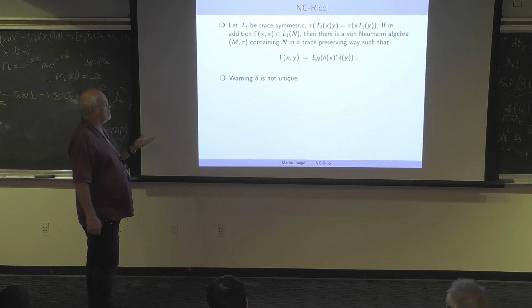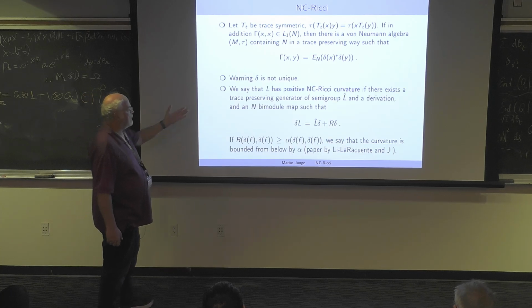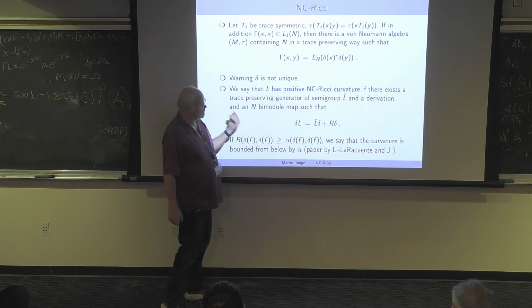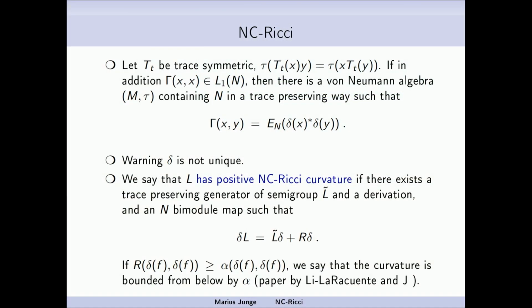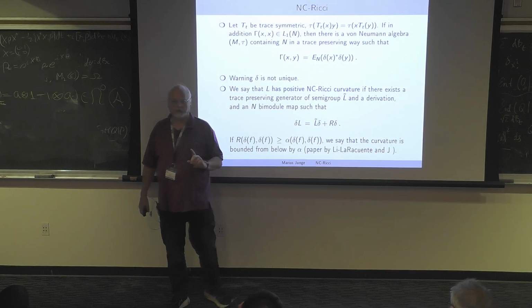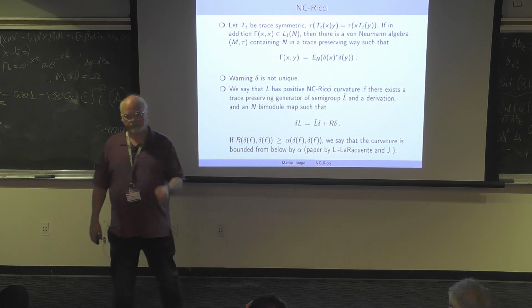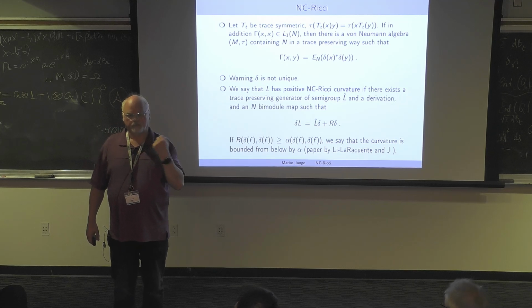Okay, if there is one, then I can define what it means to have Ricci curvature. Delta L, where delta is one of those deltas which satisfies the condition above, equals L tilde delta plus R delta. Exactly the same form. And I don't care what this L tilde is as long as it generates a semigroup, in this case a trace preserving one.